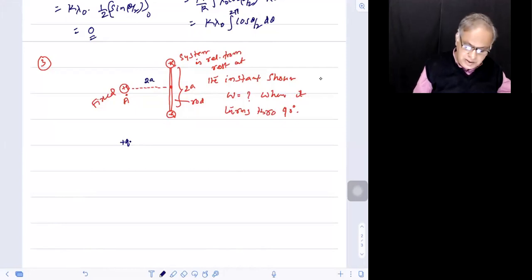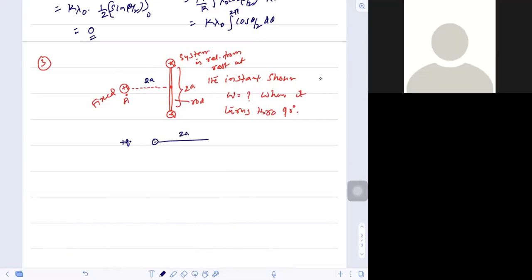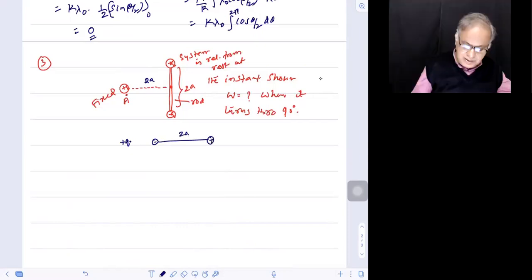So when it turns through 90 degrees, you know how it turns. So what will happen? It will be here, this is minus, this is 2a, this is plus. This will be a.